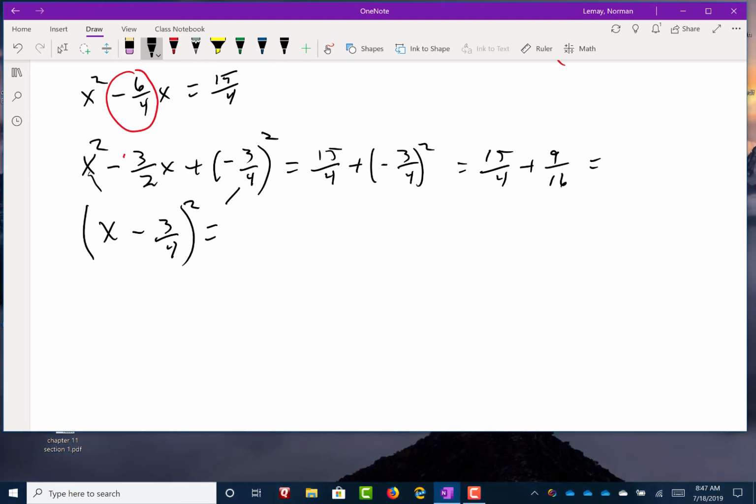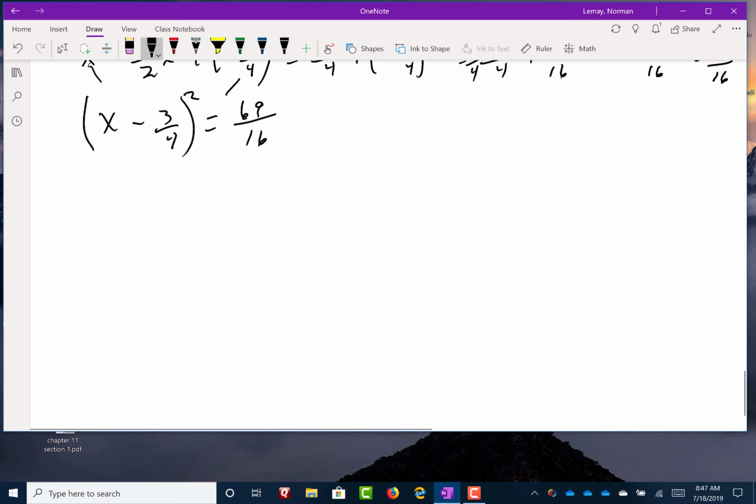So here, if I multiply 4 over 4, this becomes 60 plus 9 over 16, which is 69 over 16. So this just boils down to this right here. All right, we're almost done here.